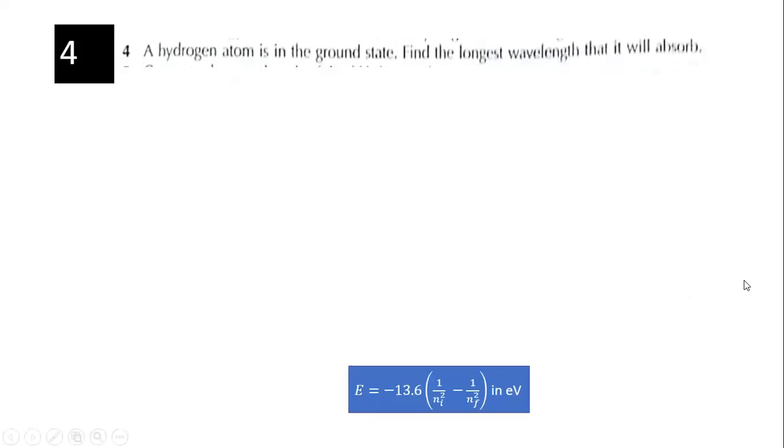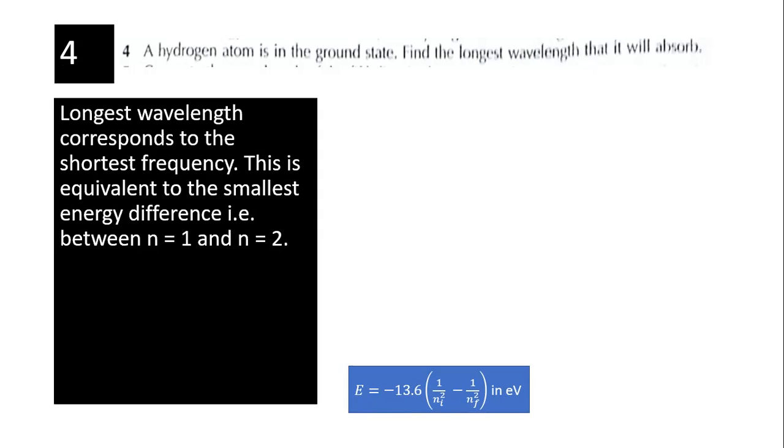Okay, number 4. 1.22 times 10 to the power negative 7. Hydrogen atom is in the ground state. Find the longest wavelength that it will absorb.